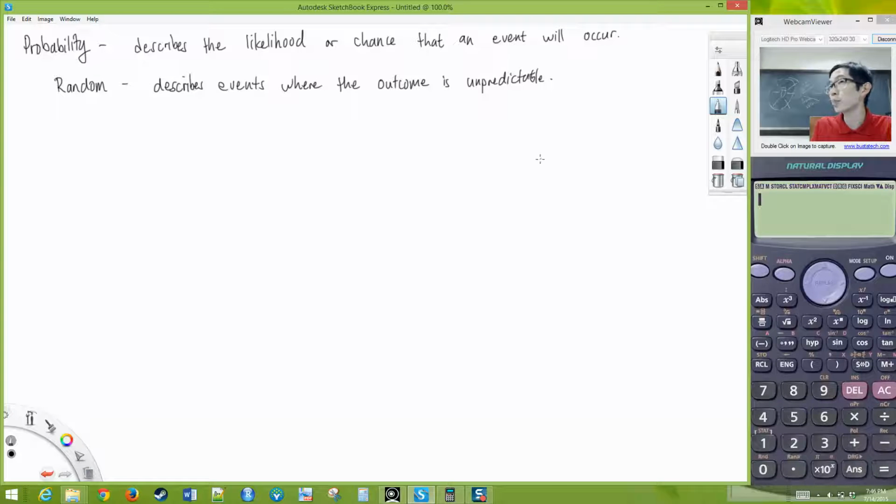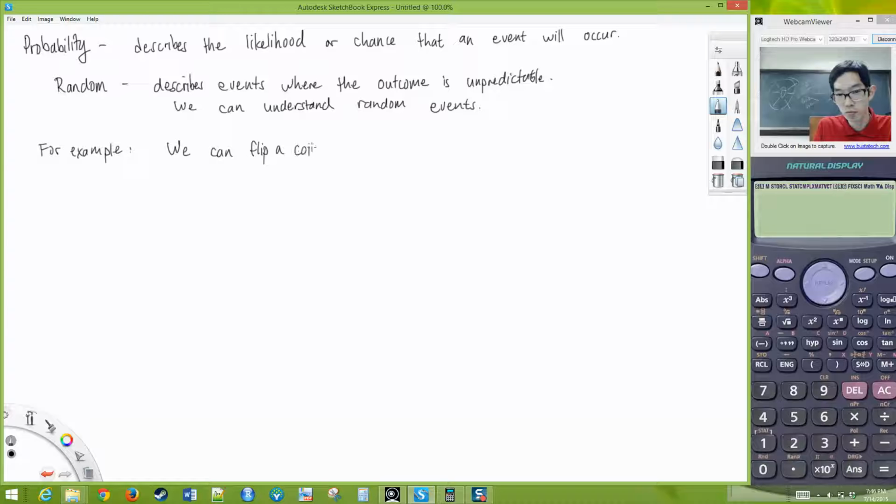Unpredictable does not mean that we cannot understand it, though. We can, however, understand random events. So for example, we can flip a coin. And the outcome of the coin flip can either be heads or tails.